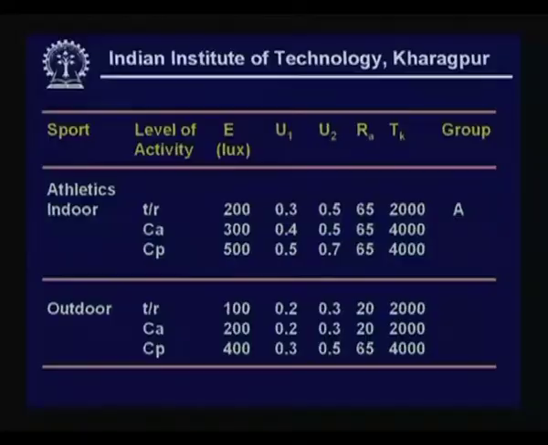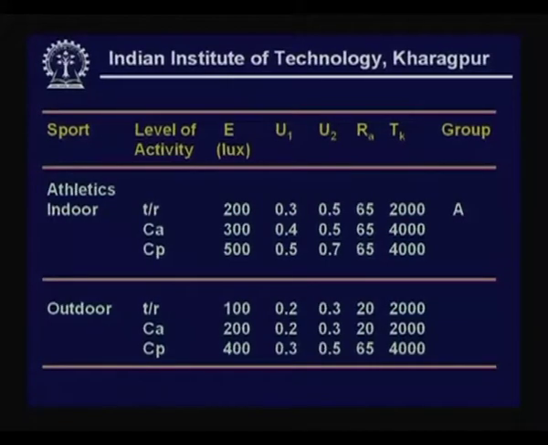Now, here is a table which gives us the typical illuminance levels. The first column mentions the sport. Incidentally, the sport covered in this table is athletics. The two categories, indoor athletics and outdoor athletics, have been shown.